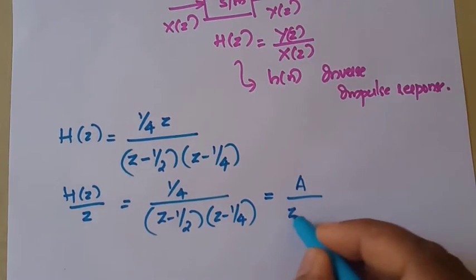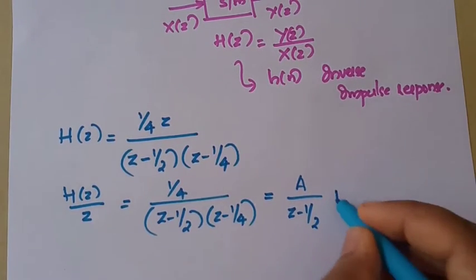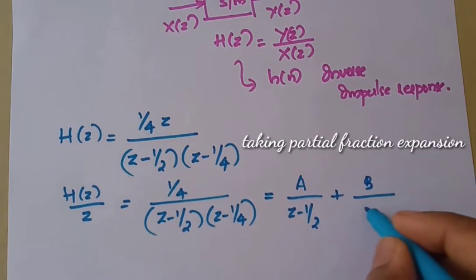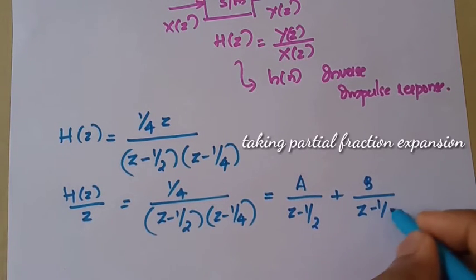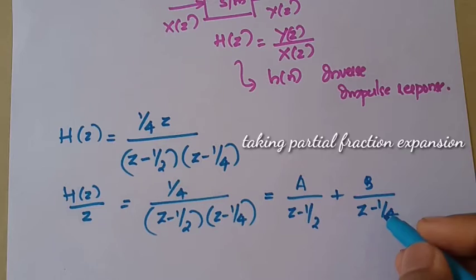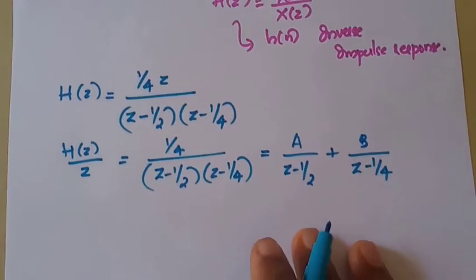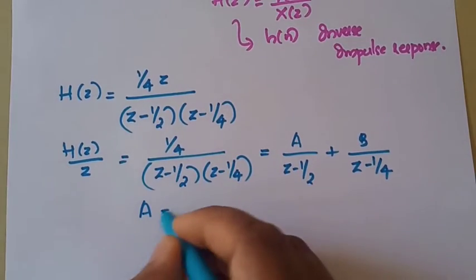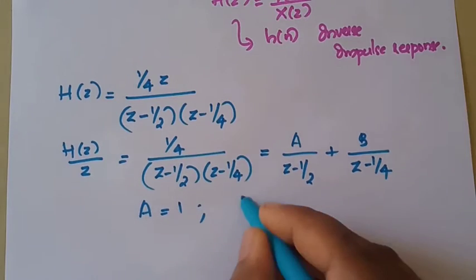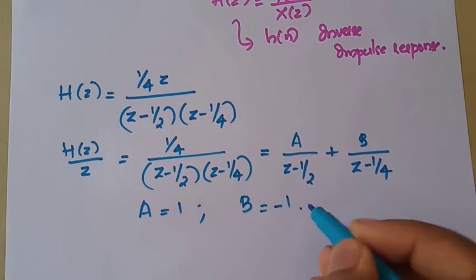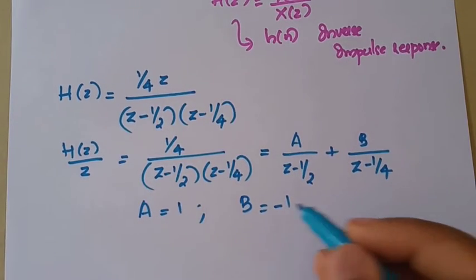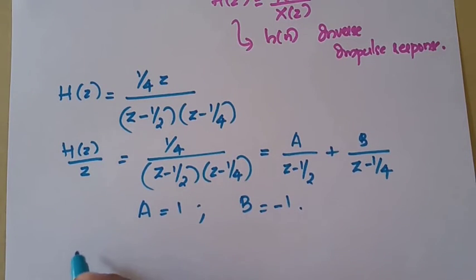Then we take partial fraction expansion of H of z by z: A by z minus 1 by 2 plus B by z minus 1 by 4. We need to find the values of A and B by any method. We will get A as 1 and B as minus 1.